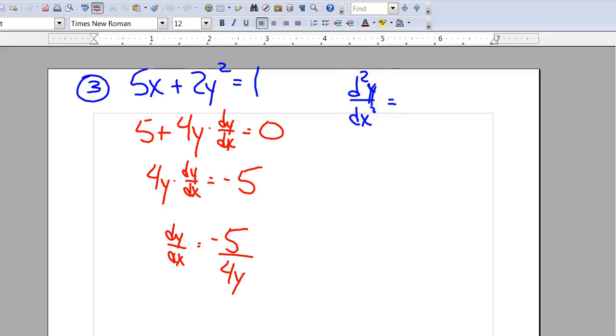quotient rule, so the bottom times the derivative of the top, but what's that? Which is 0, so that's nice, because this part just will go away. Minus the top times the derivative of the bottom. Oh, good call. Minus the top, which is negative 5, times the derivative of the bottom. What's the derivative of the bottom? 4 dy/dx, right?